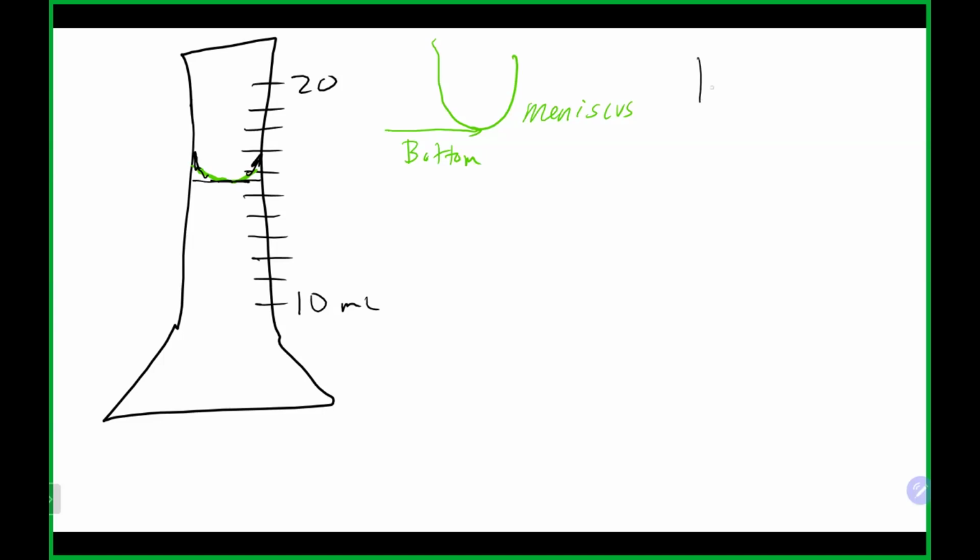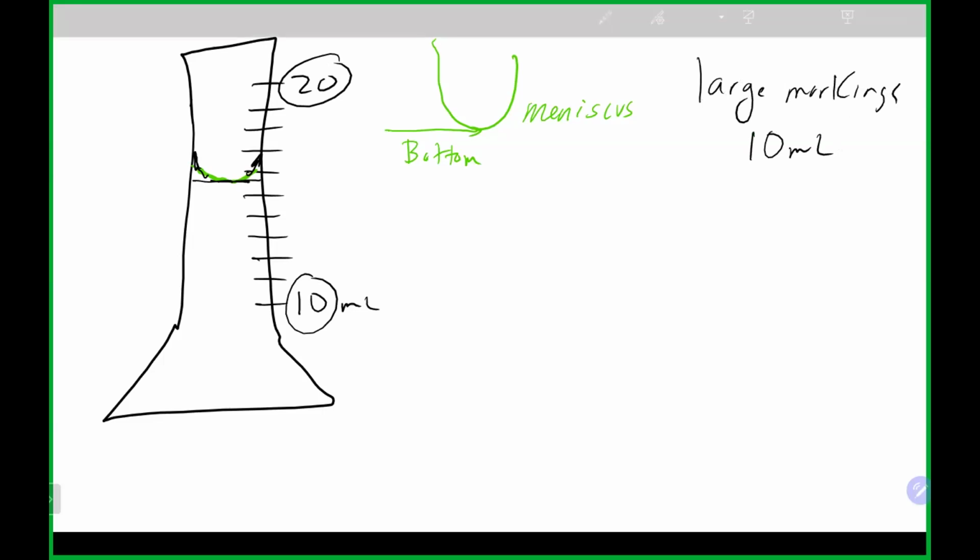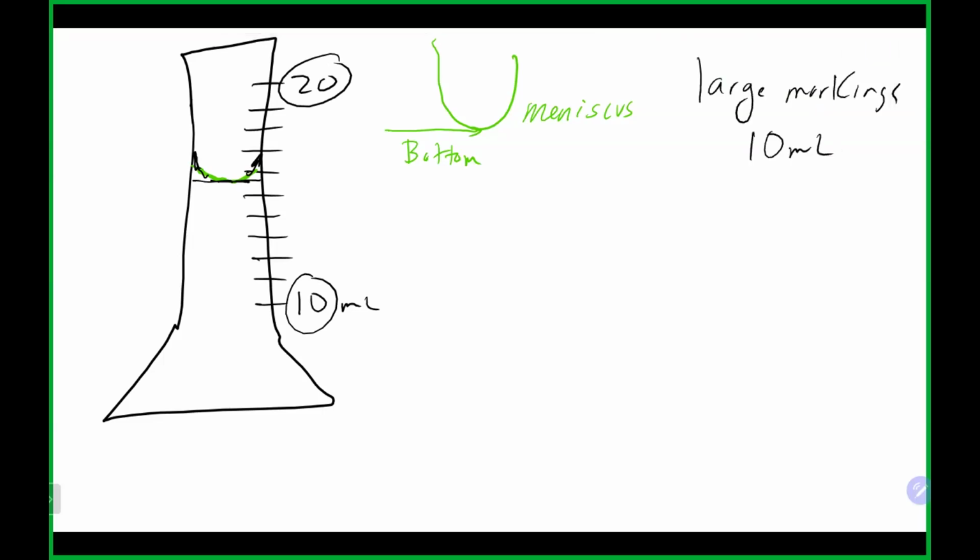So if we were to do this, we still want to do the same things we did before, which is our large markings. In this case, we have a 10 and a 20. And that means our large marking is 10 milliliters in this particular case. We still want to count the smaller markings like we did before. So we're going to start here. That's 1, 2, 3, 4, 5, 6, 7, 8, 9.